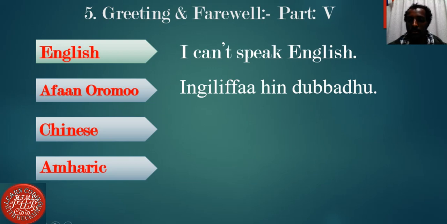Ingiliffa means English. Hin expresses the negative form of the sentence. Hin dubbadhu means I can't speak. We can say Ingiliffa hin dubbadhu, Oromiffa hin dubbadhu, Chiniffa hin dubbadhu, or Amhariffa hin dubbadhu.